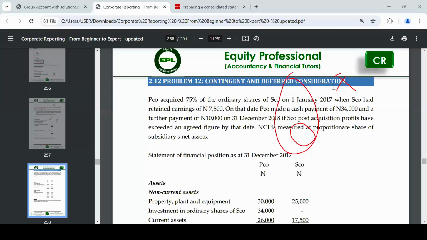But if it is deferred, it means we are expected to make a future payment. It is not dependent on any event or any condition. Is that understood? However, it is only in terms of definition that they are different. However, in terms of how we are going to treat it, there is no difference between them.